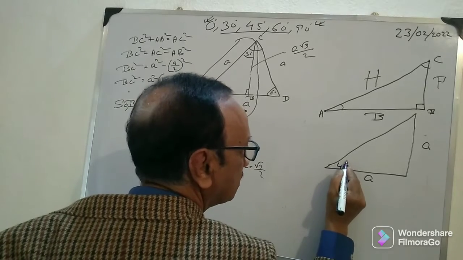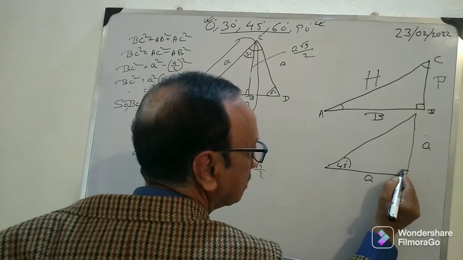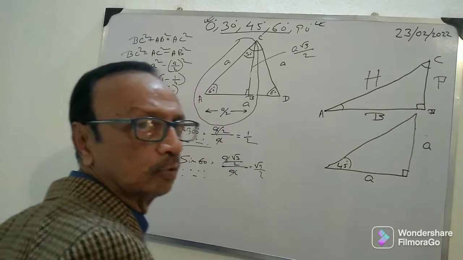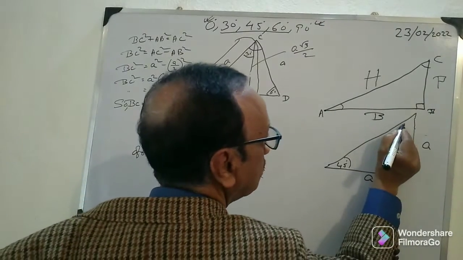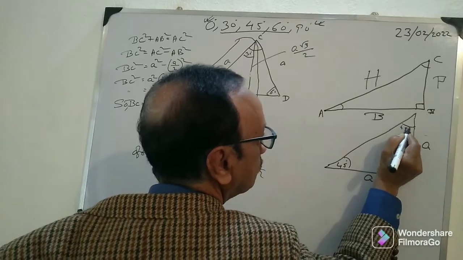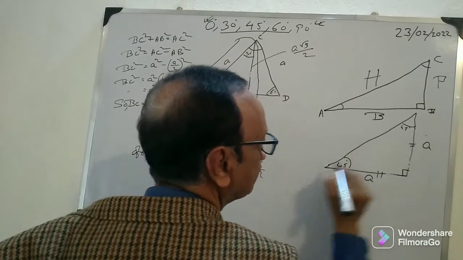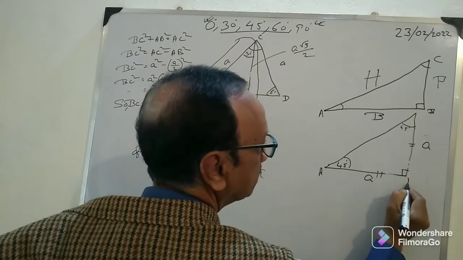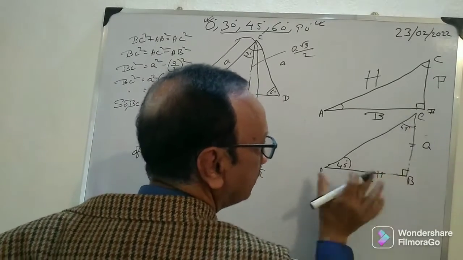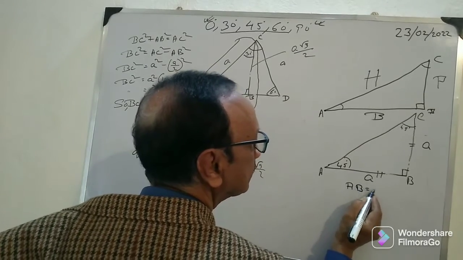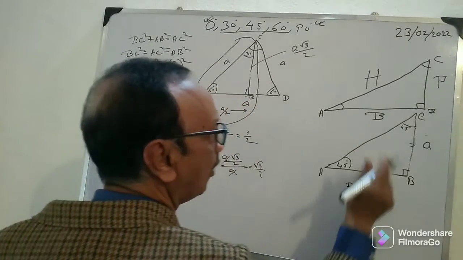As this is 45 degree and this is 90, the sum of the three angles is 180, so obviously this will be 45 degree. So it is an isosceles triangle, and this length is equal to this length. In triangle ABC, AB is equal to BC. Now what will be AC?